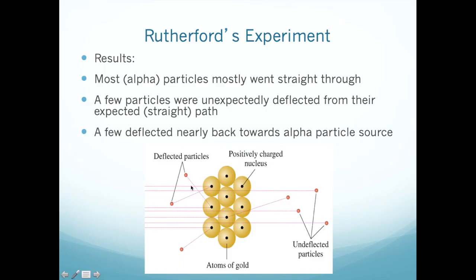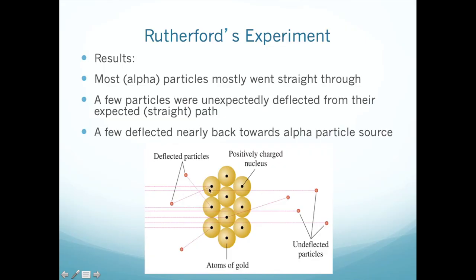Basically, your atoms are mostly empty space, with the alpha particles going through and reaching the detector unharmed on the other side. But wherever the alpha particles reach the denser parts of the atom, they would either deflect off due to their similar charge, right? Because these dense pockets of mass also were positively charged, and they'd repel those positively charged alpha particles.